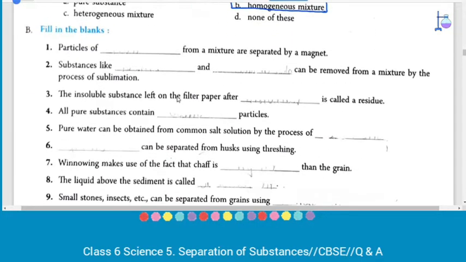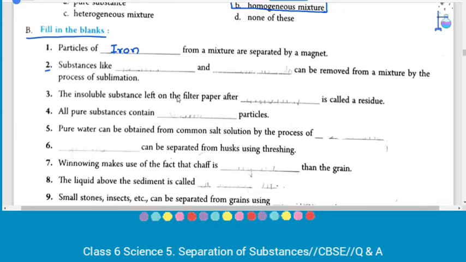Section B, fill in the blanks. First one, particles of dash from a mixture are separated by a magnet. Particles of iron from a mixture are separated by a magnet. Second one, substances like dash and dash can be removed from a mixture by the process of sublimation.